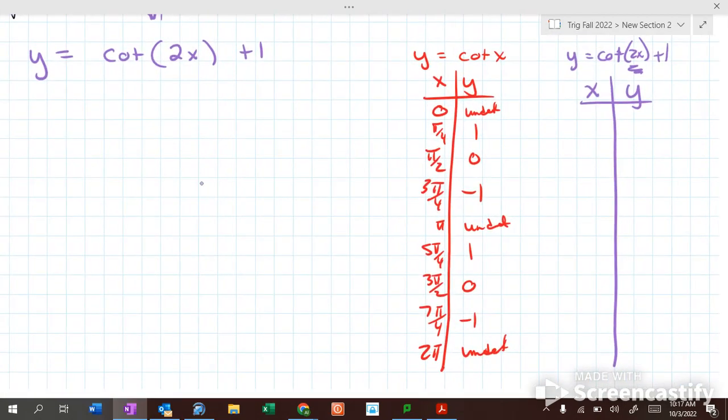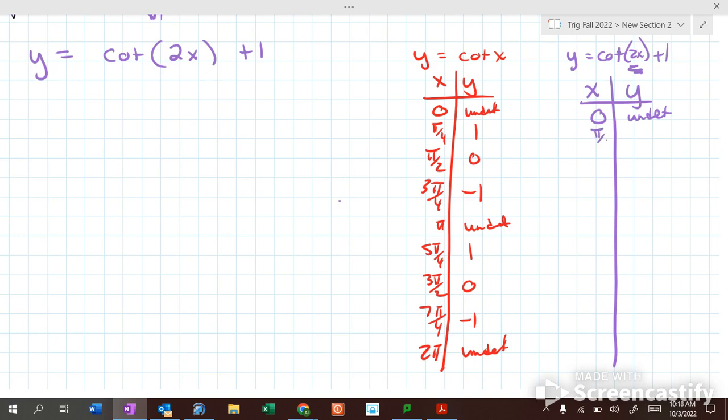So then what does this plus 1 do? Up 1. Okay? So 0 is still 0 because 2 times 0 is 0. So it doesn't affect the x on the first one. And undefined, moved up by 1, is still undefined.